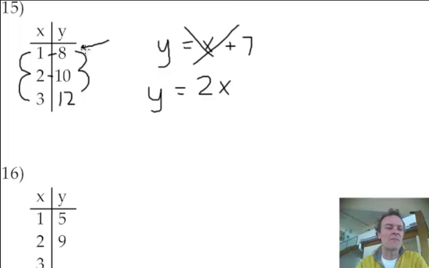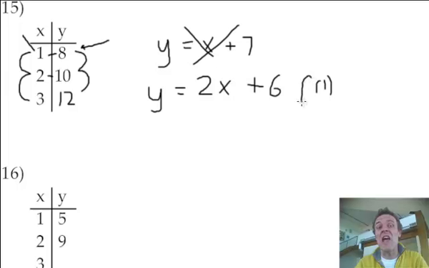If I take 2, multiply it by the 1, the x, I then need to add 6, and I will have 8. 2 times 1 is 2, plus 6 gives me 8. That works: when x is 1, I get 8.